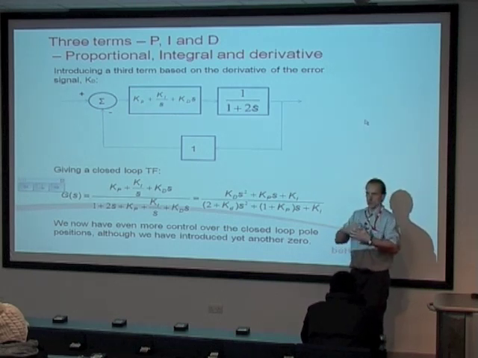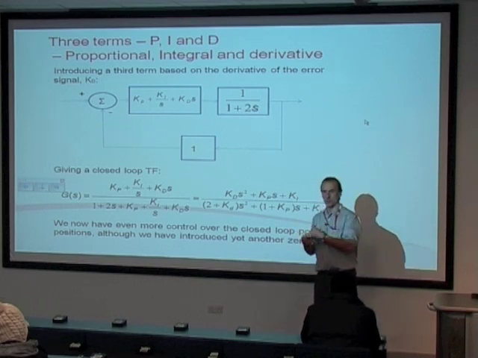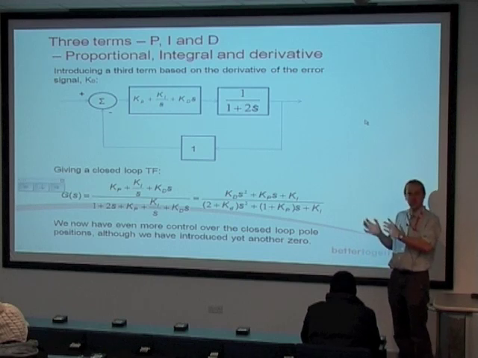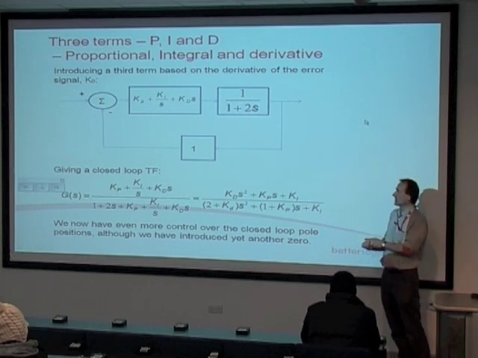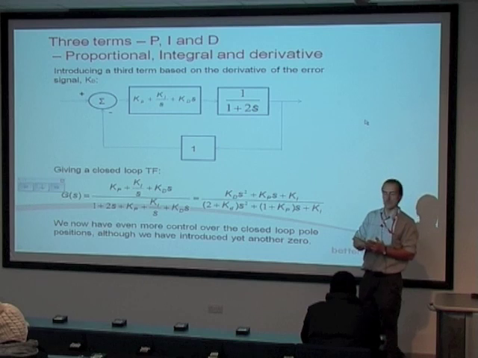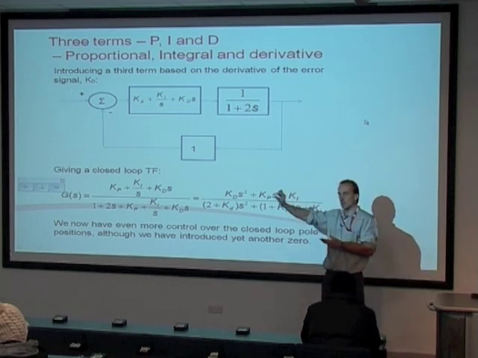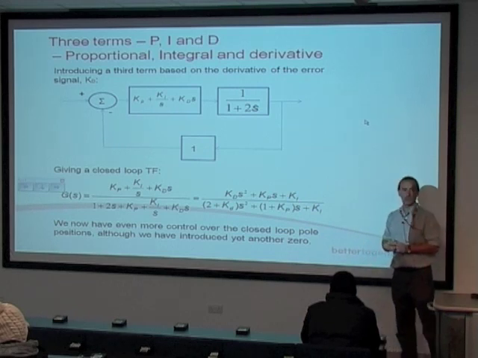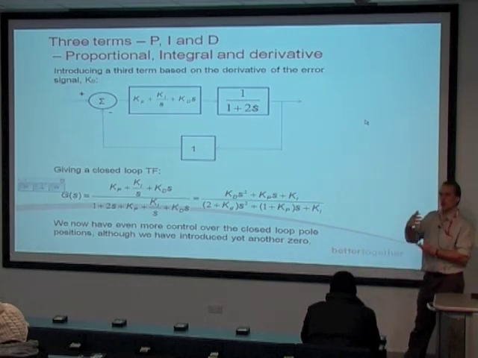So, we've got a proportional gain that we can change the speed of response of the system. We've got an integral gain that's really quite handy at resolving steady state problems. And we've got a differential gain which allows us to respond to rates of change.